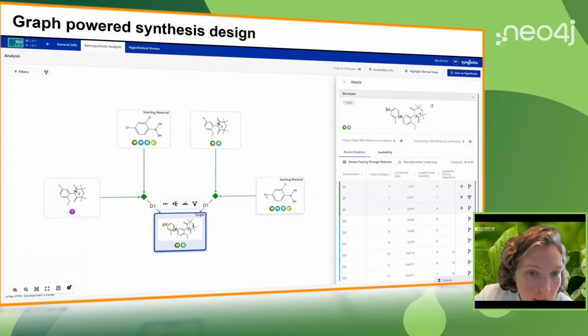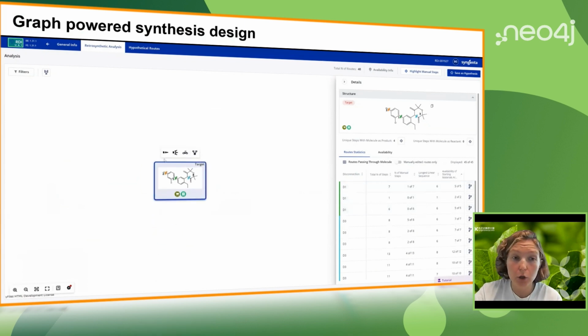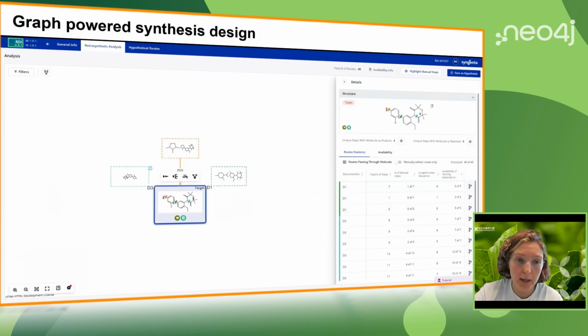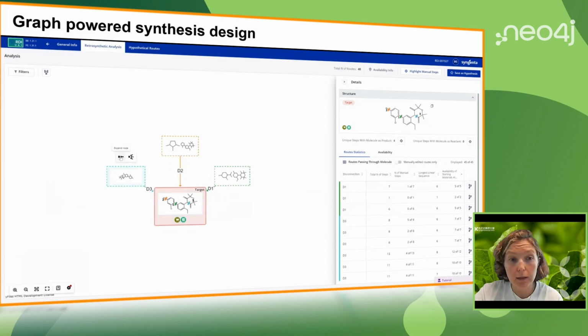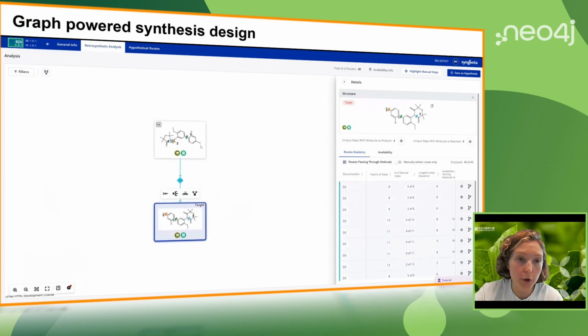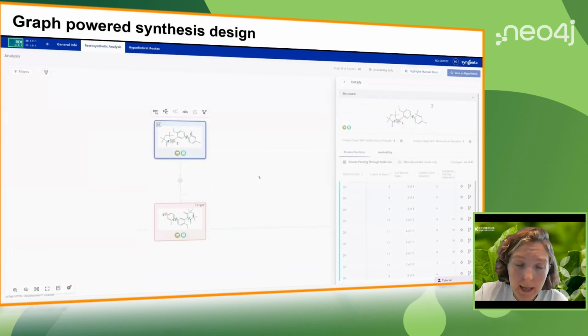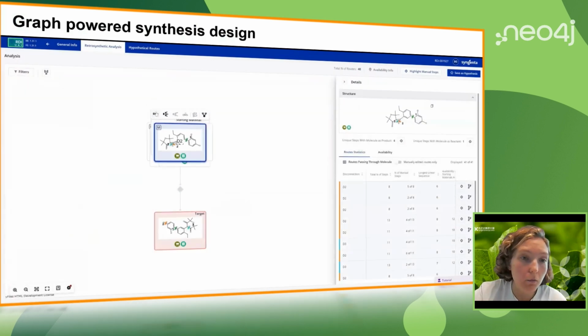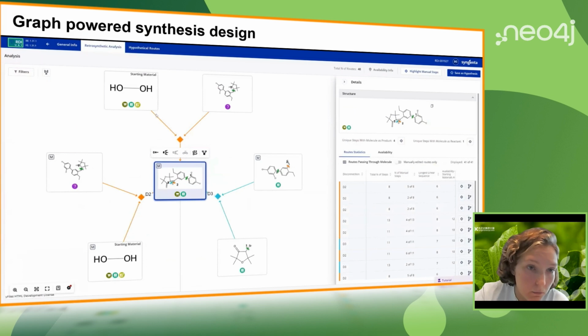So every molecule has these little tags. And also you can not only do a single step away navigation, but you also can expand further by clicking on the molecule, and you can see what are the next steps.